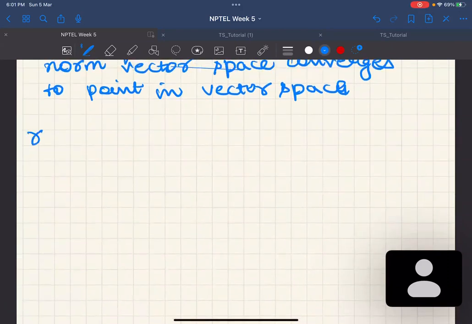Now coming to this R pi of S, the reward I will get from the policy pi. We understood about the norm space. We understood what is the Cauchy sequence. We understood what is complete normed vector space. Now coming to R pi of S, the reward I'll get by following the policy pi basically.